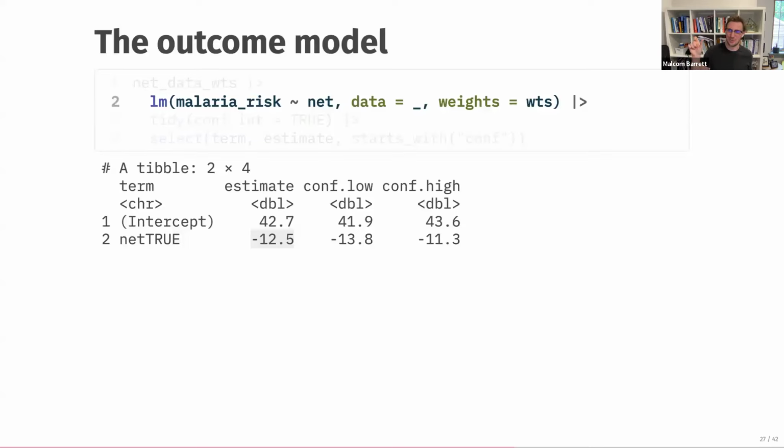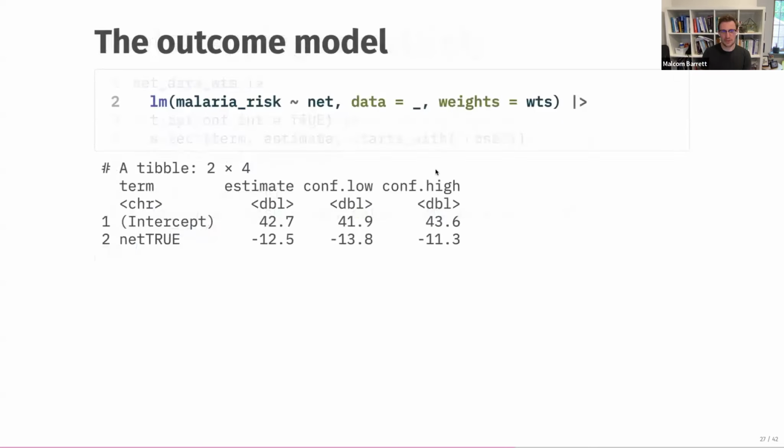This is just from the way it was simulated. But that's the difference, is that when you use a net, it reduces your risk by this amount. So our LM model is very simple. We've just got these two variables in it, our data, and then the weights that we calculated.